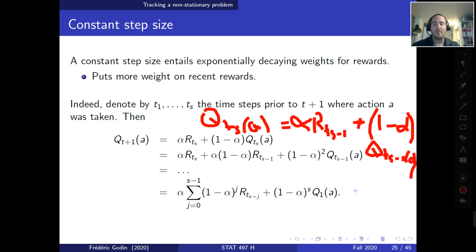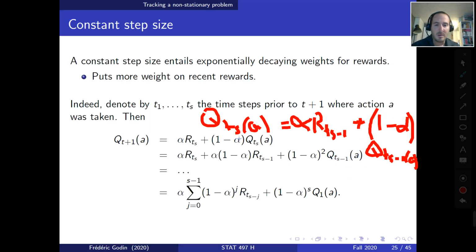Okay, so if we apply this recursive formula, we can substitute this Q_ts by alpha R_ts-1 plus 1 minus alpha Q_ts-1. And then we can repeat that step.